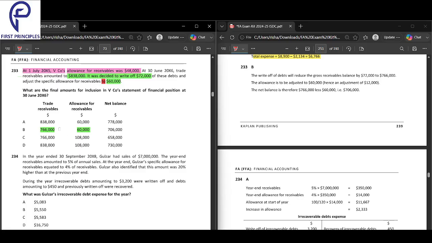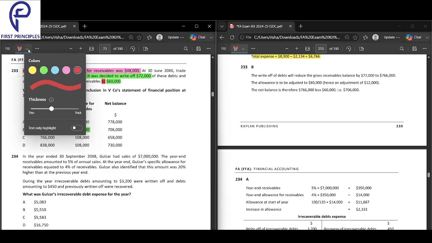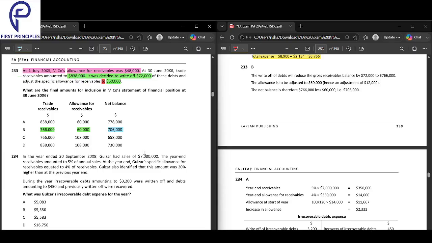So from the gross 766, you remove the 60 allowance, and you get your net receivables. Gross receivables 766, allowance 60, net receivables 706.